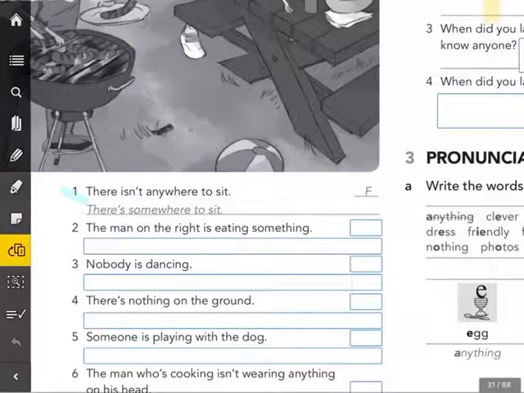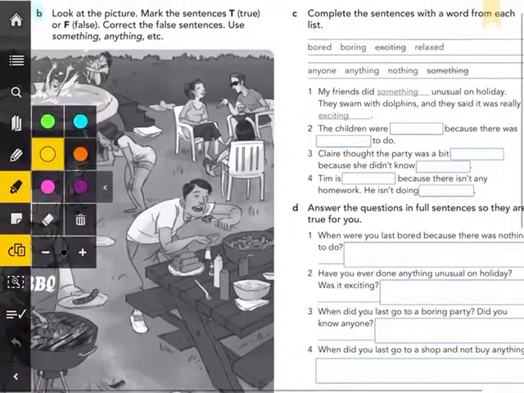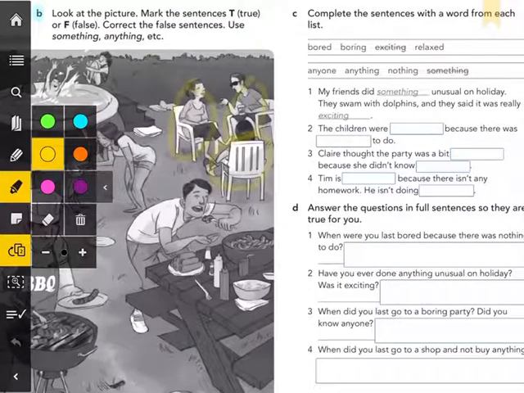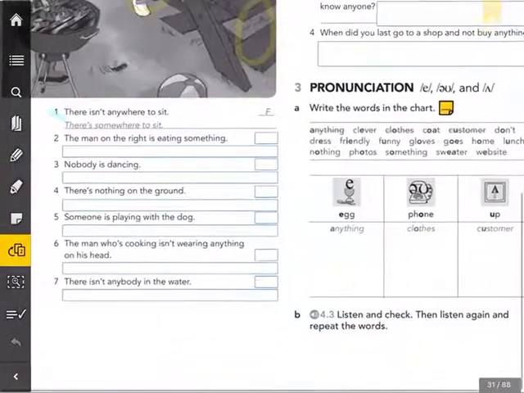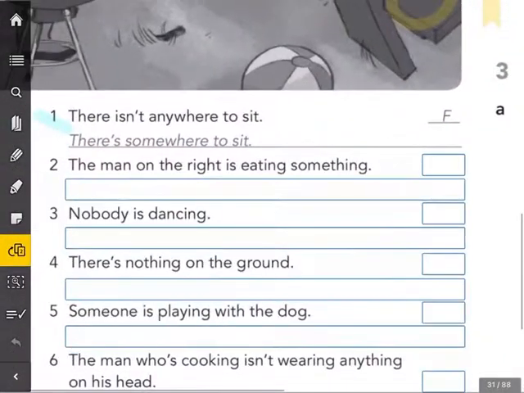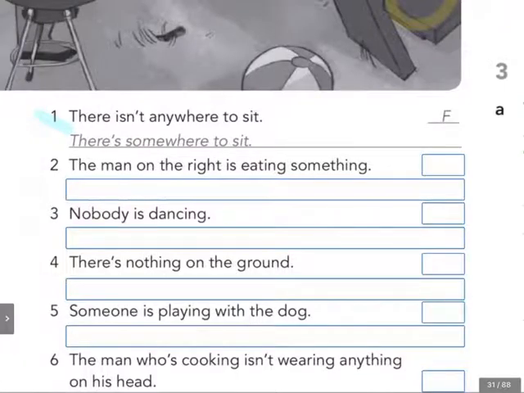Look at the picture. I can see a table with some chairs. So this is absolutely false. In that case, there is somewhere to sit. ¿No? Hay donde sentarse. Okay, that's exercise B.